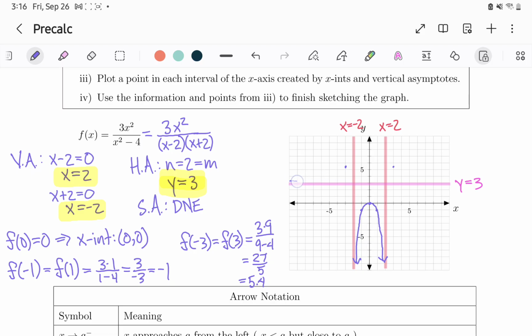So again, just graphing things so that it looks like it's approaching the horizontal asymptote to the left of its first vertical asymptote. And there's our graph.